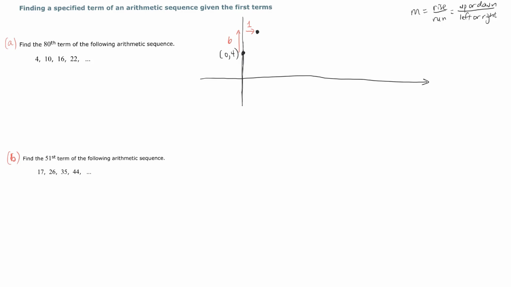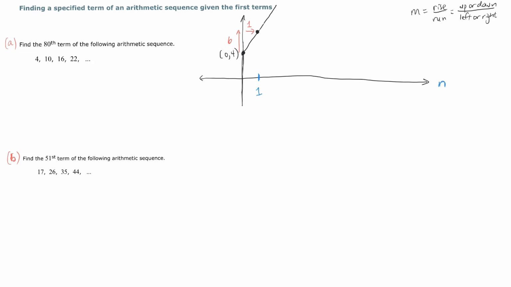And if I went right 1, that means this unit here is 1. And this is the n-axis. So here's a straight line.